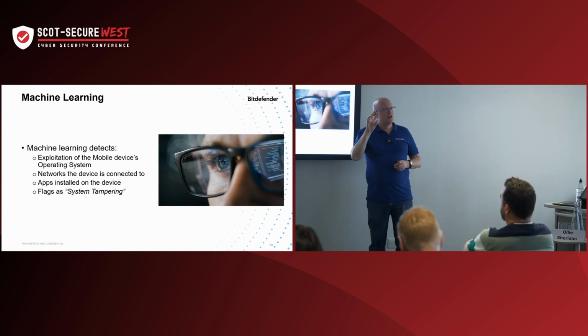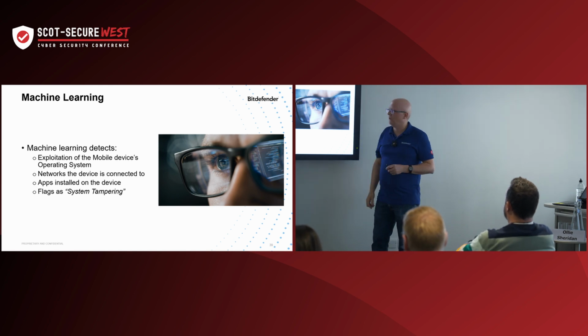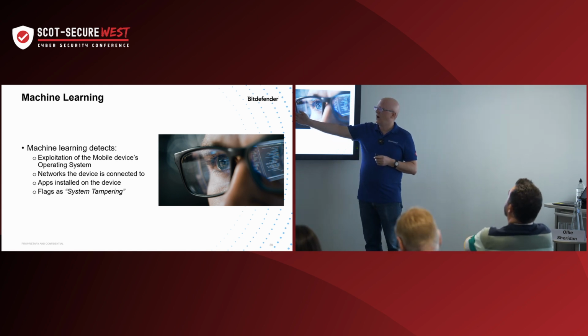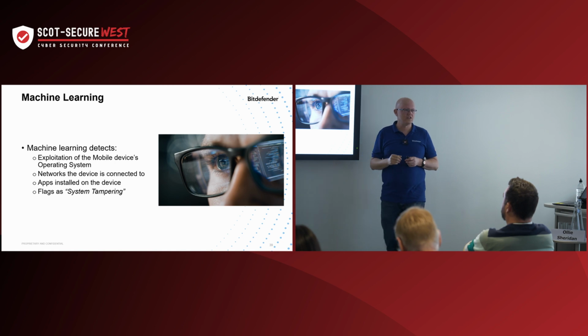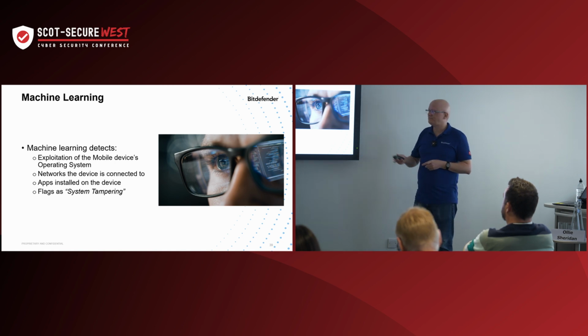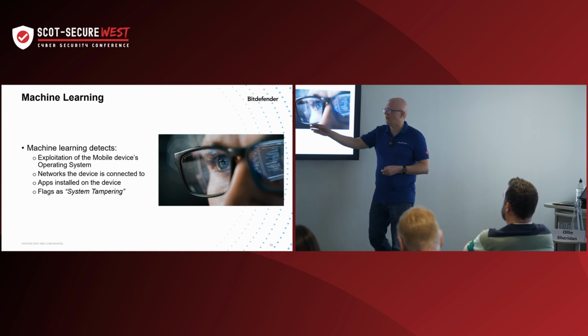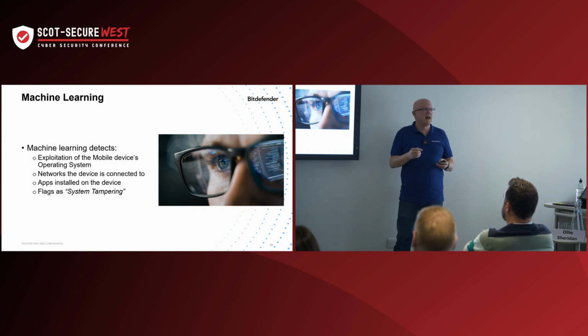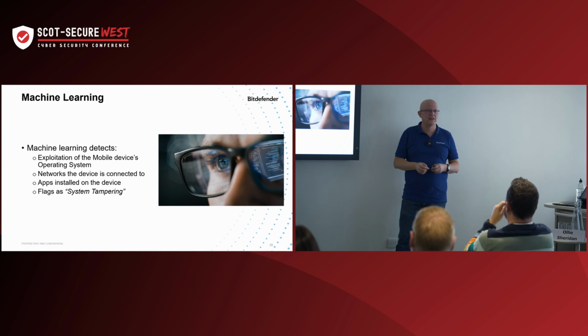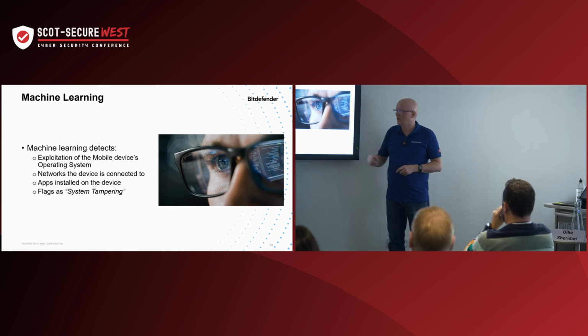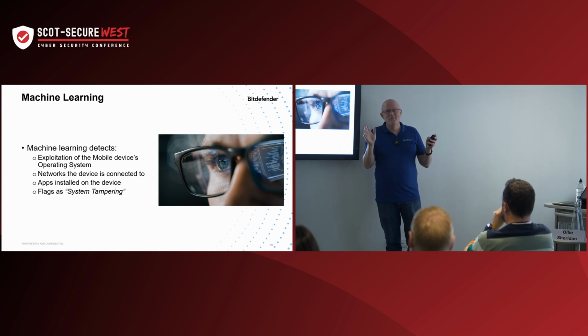We also look at libraries which are changed within the mobile. We look at networks the device is connected to as well as looking at the applications which are installed on the device. And we would flag any application which is doing things that it shouldn't as tampering. So when you install an app on your phone, we've all done it, right?